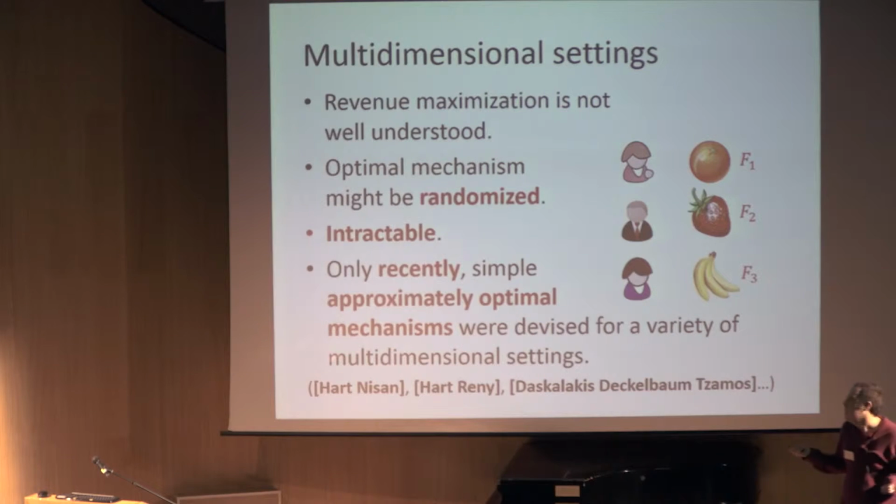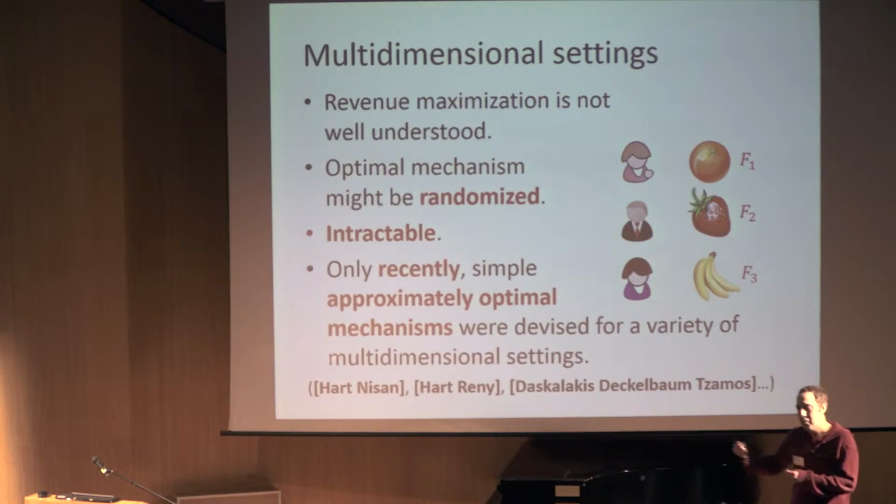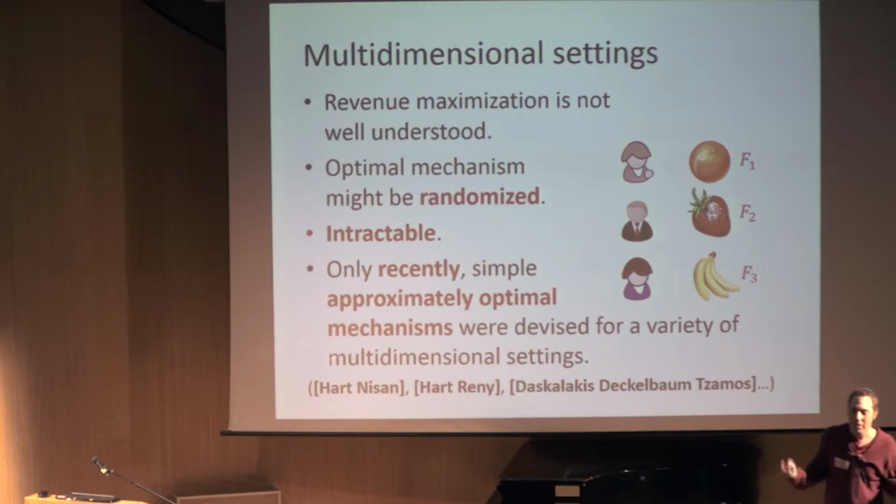It's intractable to compute the optimal auction, and only recently some approximately optimal and simple mechanisms were devised for this setting. So let me stress that if in the single item setting we have some trade-off between whether to do market research or to advertise, here, even if I give you the priors, you can't really optimize the revenue. So it's even more important in this setting.